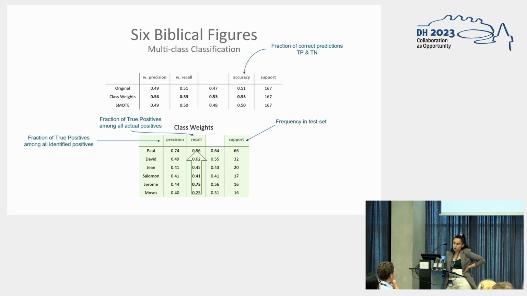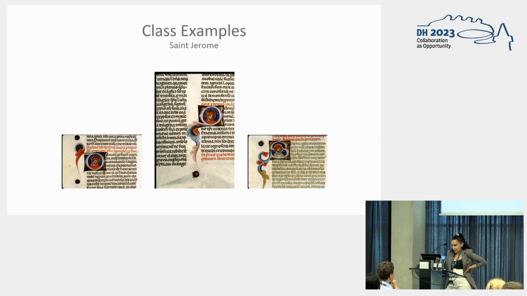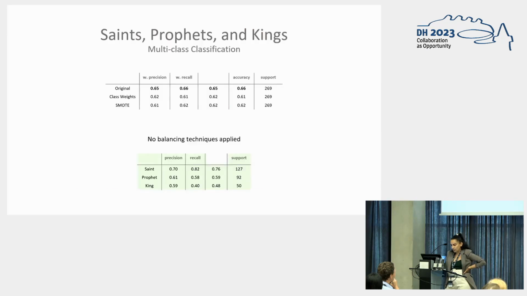And we noticed that class-wise performance was pretty good for a minority class, St. Jerome. We decided to manually inspect this class, and we saw that in many examples, St. Jerome is illustrated in the same fashion, wearing a red hat, which shows how in-class similarity and inter-class distance can affect learnability.